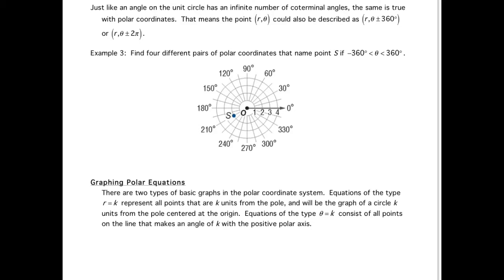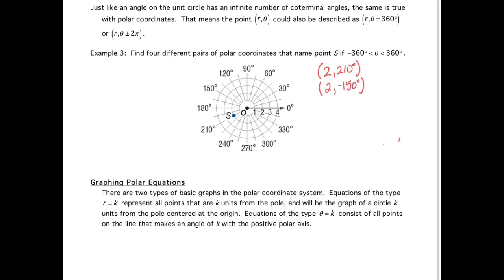So I think the most obvious one is where we look at point S here and say, okay, it is on the ring that has a radius of 2, and it is at an angle of 210 degrees. But I could also say that if I keep my r value positive at 2, I can use a negative angle and go clockwise negative 150 to get that value.